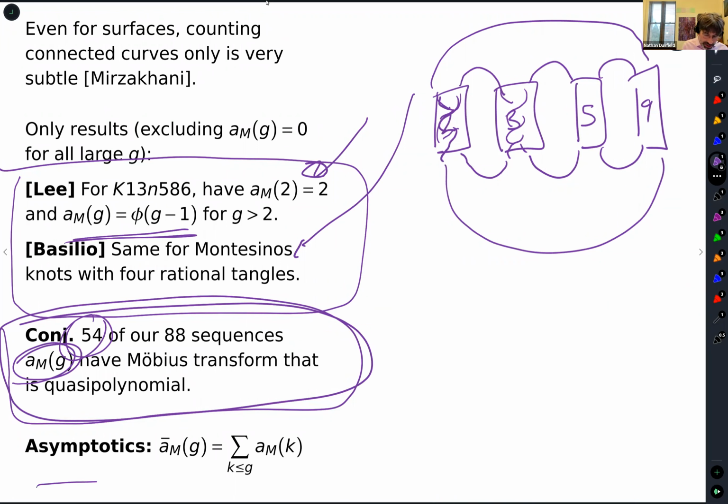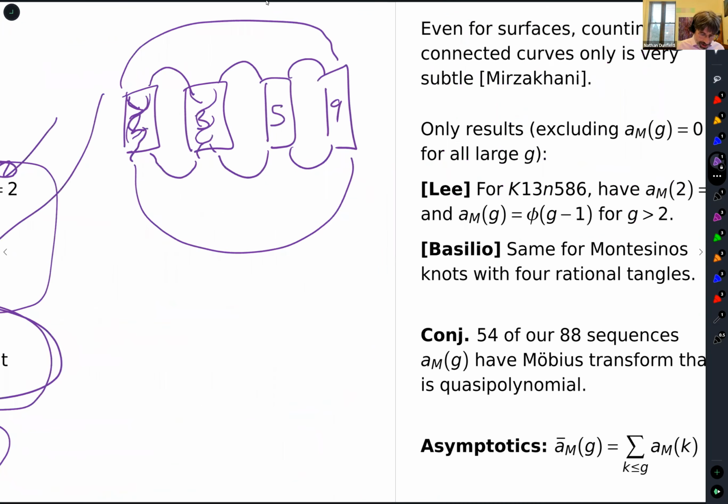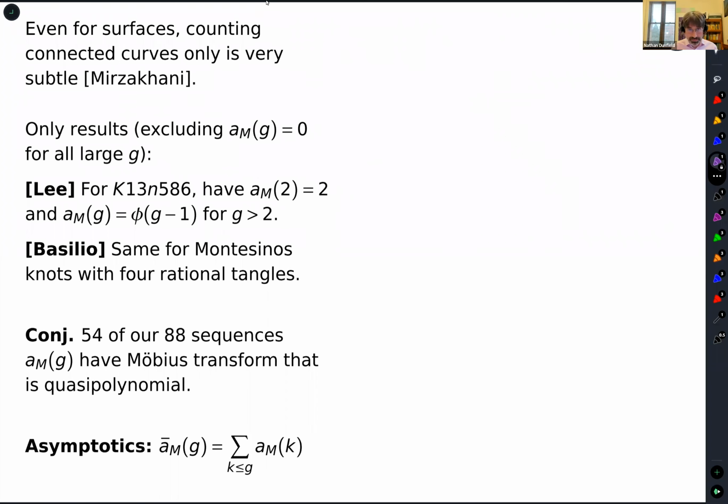So it makes sense to smooth the sequence. Let me define A_M bar of G to be the sum of A_M of K for K less than G. That turns the Euler phi function into something reasonable, like G. So then we can ask, what are the asymptotics of these sequences?